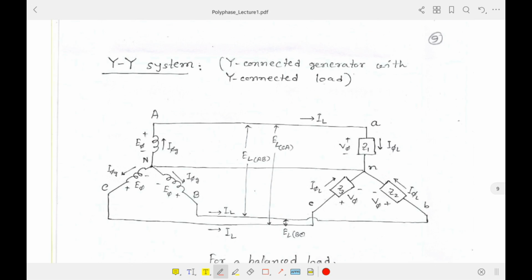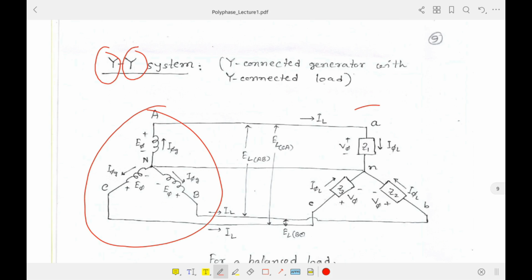Now a YY system. A YY system means a Y connected source is connected to a Y connected load. So this is a Y connected source we have observed, and this is a Y connected load we have observed. We have just connected corresponding terminals.